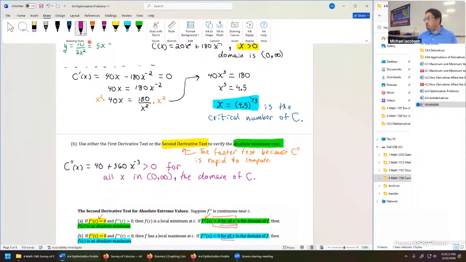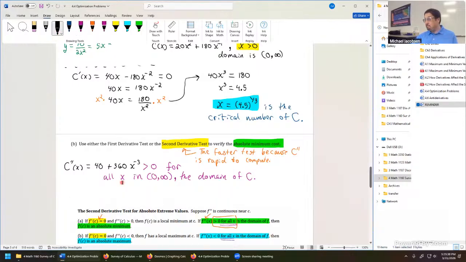The cost function had a particular domain. X had to be positive, or 0 to infinity. And if you're only plugging positive numbers here, there's no chance to get a negative whatsoever. So we've matched up the requirement of the second derivative test. Because it's positive for all x in that domain, we have a conclusion for an absolute minimum by this test.